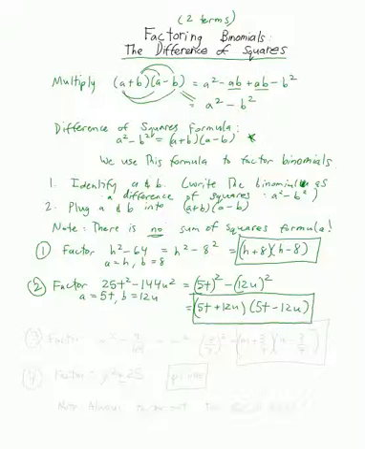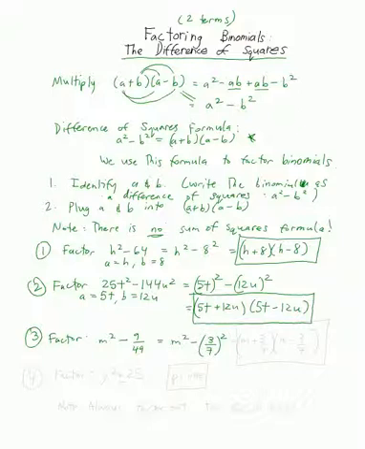Okay, let's do a slightly trickier one. This time we're going to work with fractions. I want us to factor m squared minus 9/49. So I can write this as m squared minus (3/7) squared.